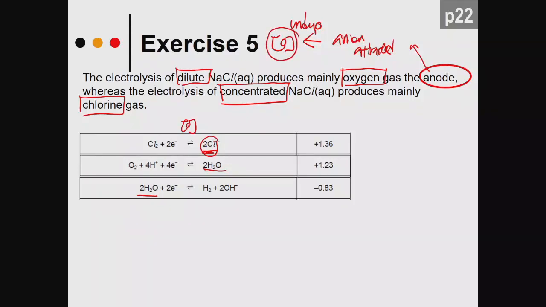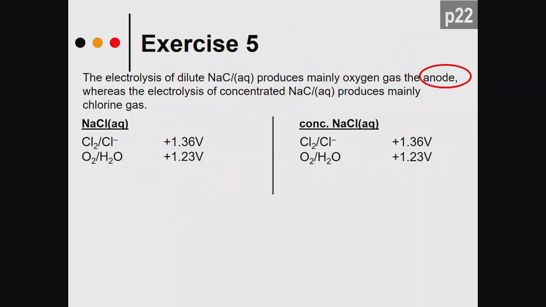So you must choose the one where water is on the right hand side, because on the right hand side, water is undergoing oxidation. So we have chosen these two half equations here, Cl minus and H2O undergoing oxidation. This one is already in your lecture notes.